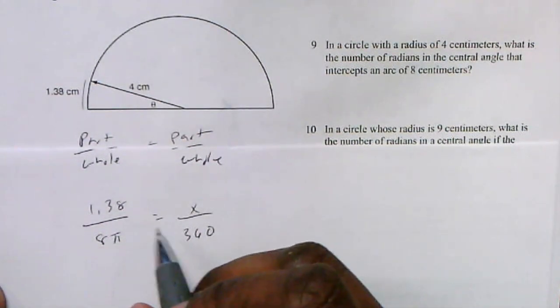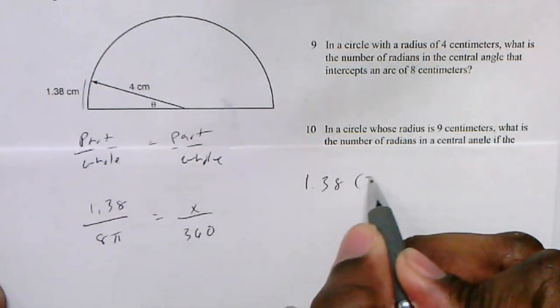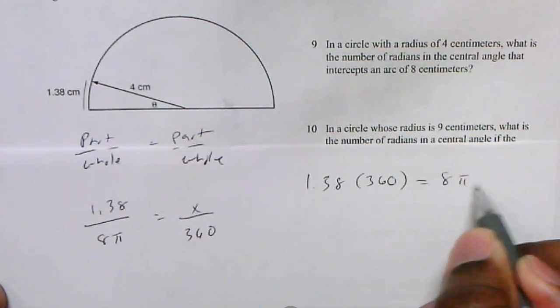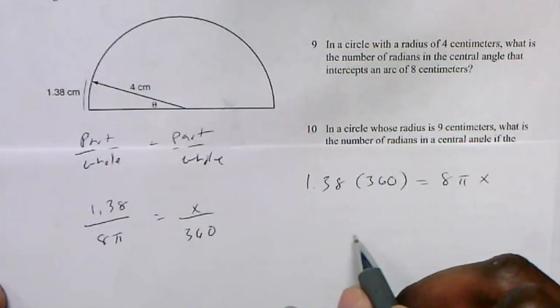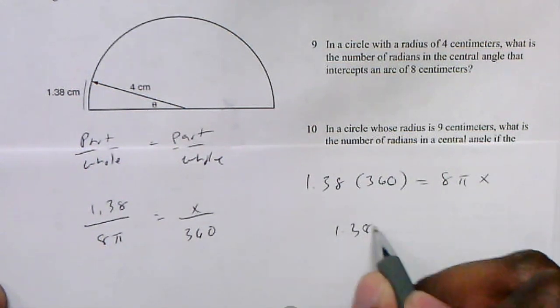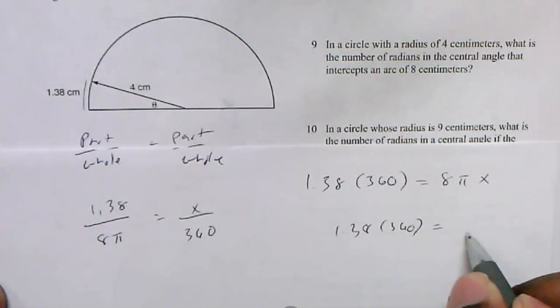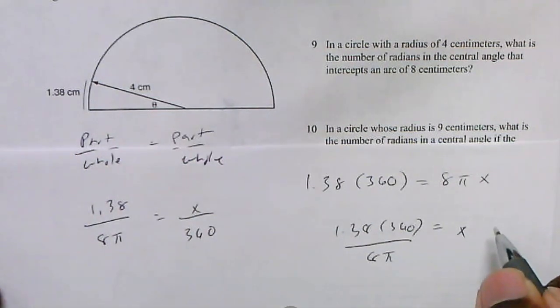If you cross multiply, you should get 1.38 times 360 equals 8 pi x. If you solve that for x, you get 1.38 times 360 divided by 8 pi, so 8 pi comes over here, and that's going to equal x.